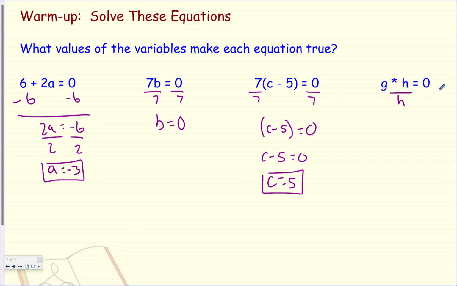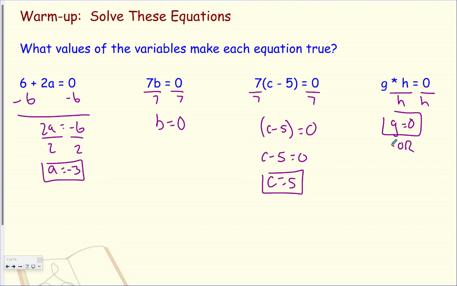So let's do that. Well, if we do that, here's what's going to happen. The h's go away. Well, what's left on this side? We get 0. And so we get g equals 0. So g equals 0, right?